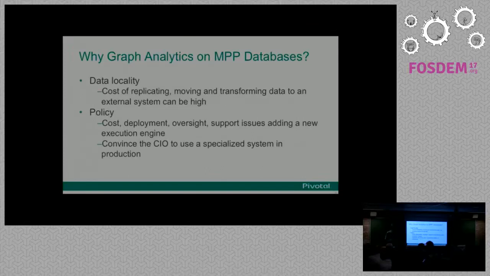So there's a cost to procuring separate database engines, running them in production, doing all of the oversight and training that are required for these database engines. What it means is that you need to convince the chief information officer that if you really want to use Neo4j, or Titan or another graph database, that needs to get put into production.